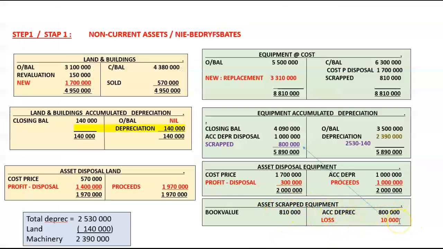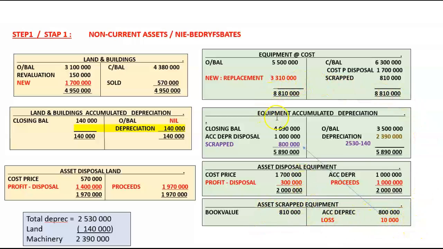Once we've plotted that 10,000 rand, we can now have either a proceeds on the scrapping of equipment account, or we can have accumulated depreciation, or we will be able to calculate both.